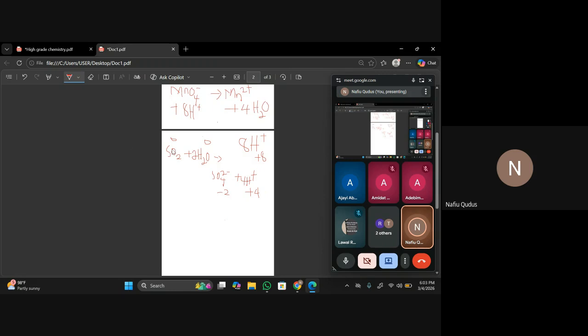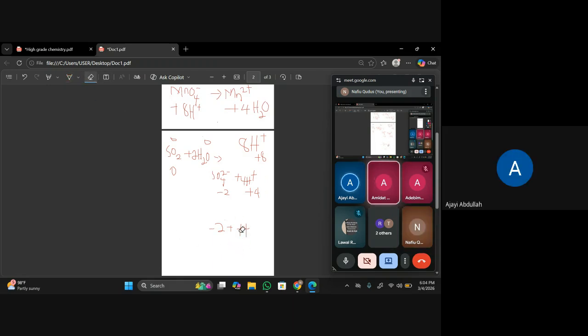At the reactant side, we have 0. At the product side, we have +2 -2 plus +4, which is +2, right? Are we together?